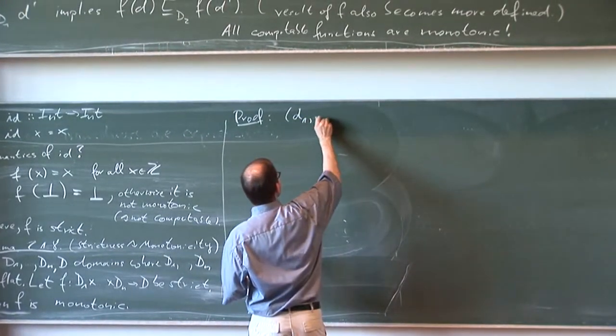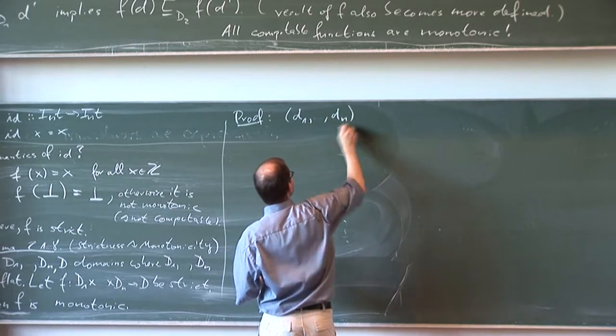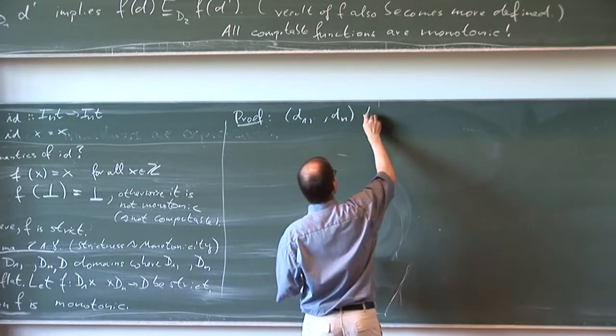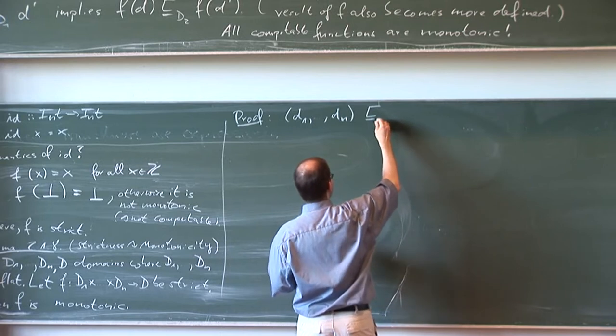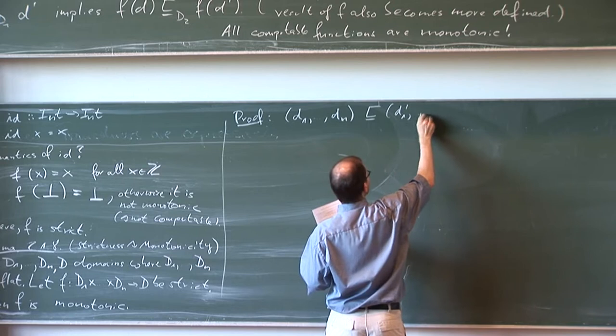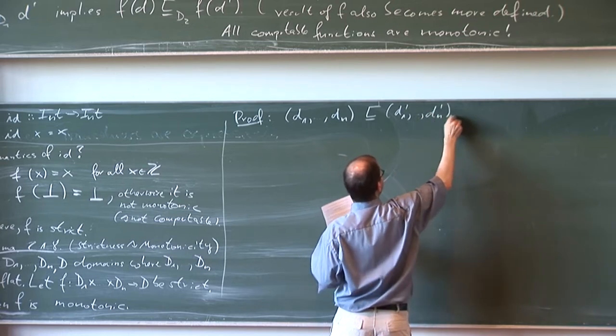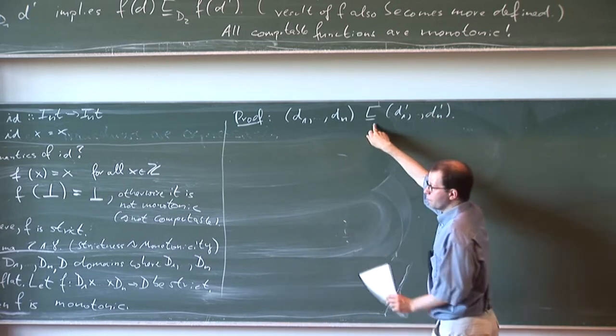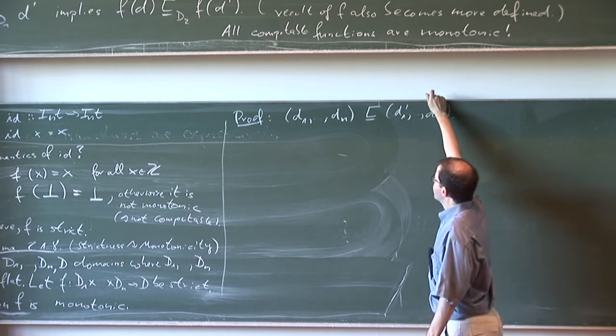So, okay, let's say the first argument is d1 to dn. It's the first tuple, and this should be less defined or equal to d1 prime to dn prime. Now I omit this index whenever it's clear from the context.